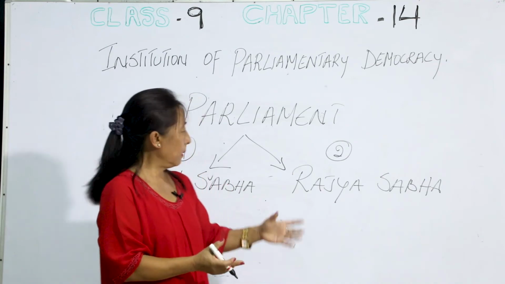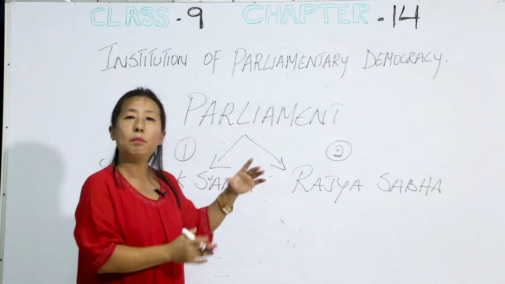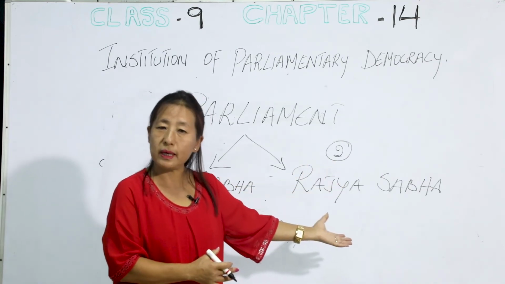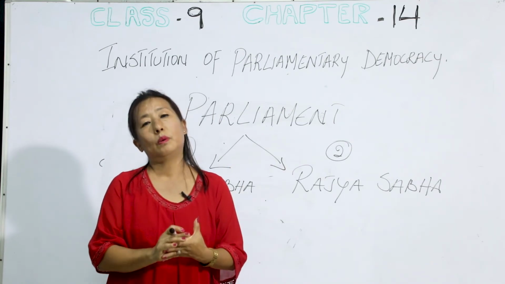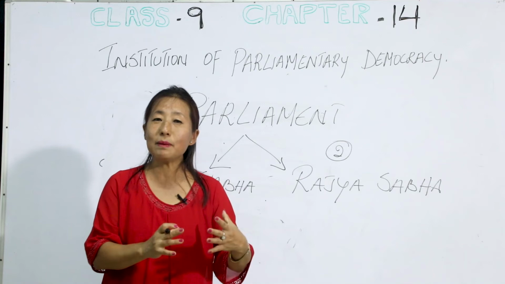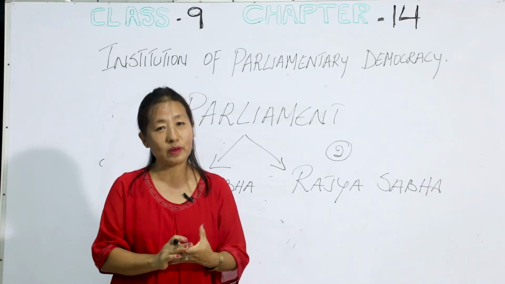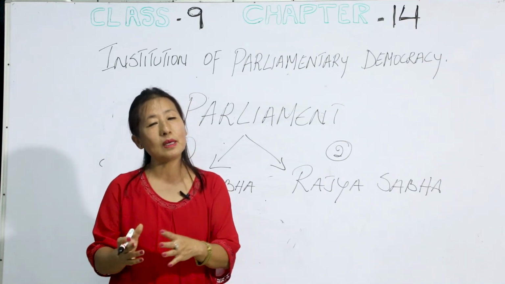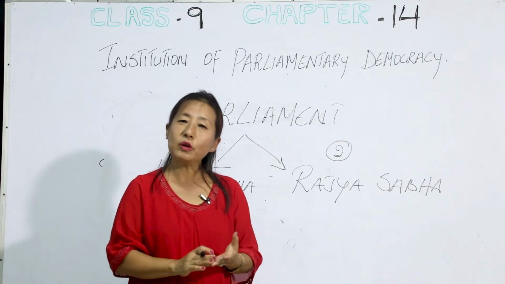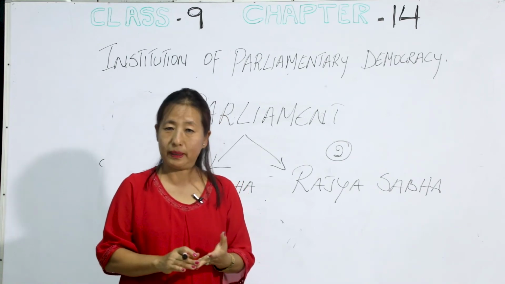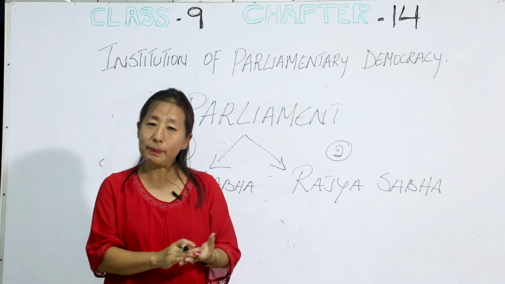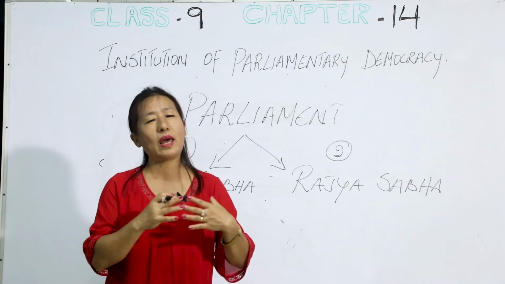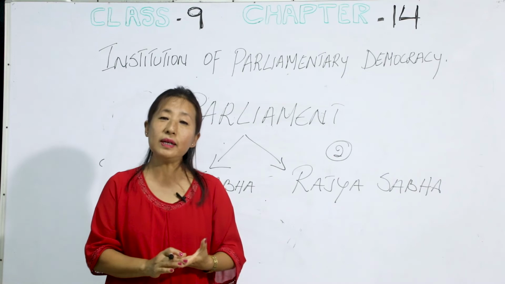Why Lok Sabha is considered more important than Rajya Sabha is because we all know that we live in India, and India means we follow democracy. Democracy means government of the people, for the people, and by the people. In short, it is the rule of the people. The government is doing everything according to the wishes of the people.